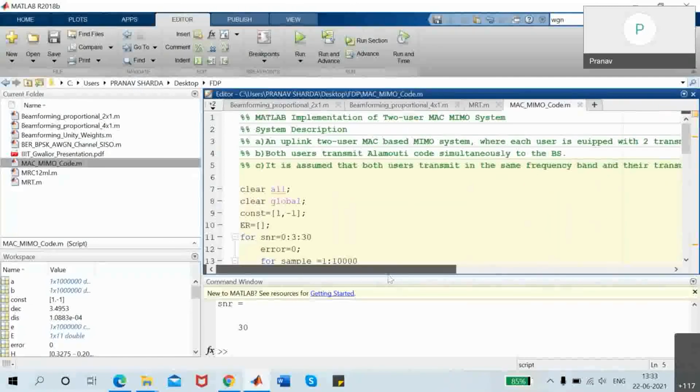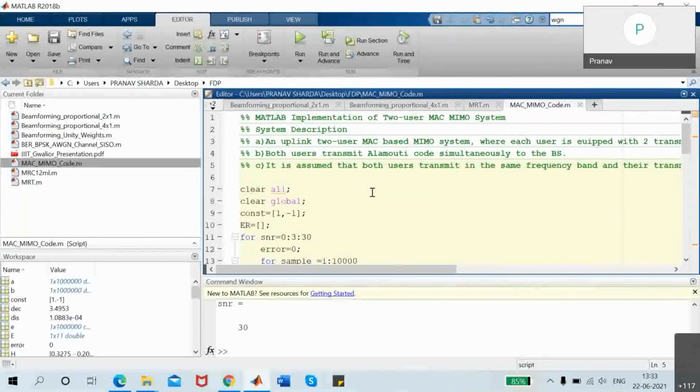These are some points related to the system description, so that you can have a picture of what I am going to discuss in this code. Two users, each having two transmit antennas.